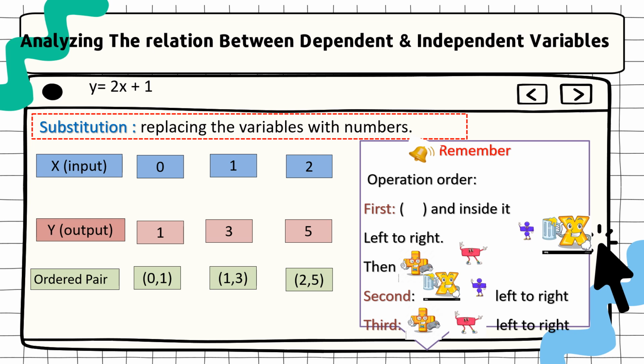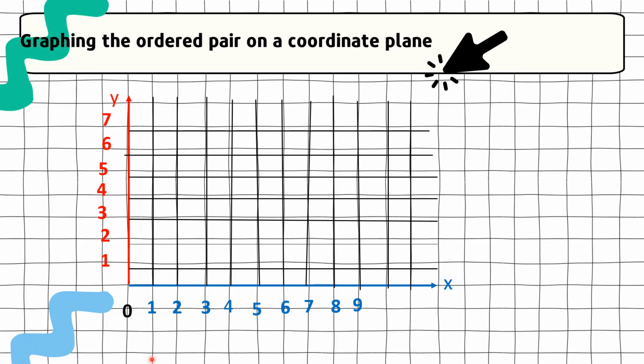Okay, let's graph the ordered pairs we had on a coordinate plane. This is the coordinate plane. This is the x-axis and this is the y-axis. On the x-axis we have 0, 1, 2, 3, 4, 5, 6, 7, 8, and 9.